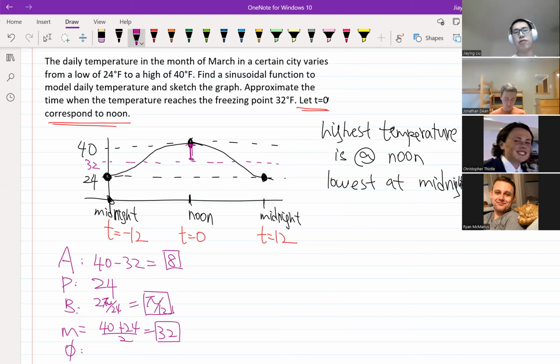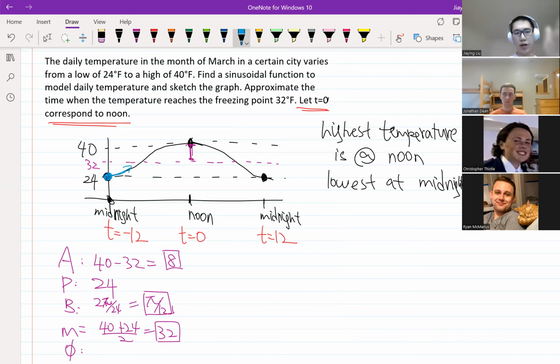Now, what about phase shift? Again, it depends on which function we choose, right? You can be clever because you can just say, okay, I'm going to use positive sine, that's fine. Or use positive cosine, that's also okay. Or you can use negative sine or negative cosine. Now, if I'm being a little bit lazy, I'm looking at the graph. I'm already starting with the lowest point on the y-axis going up.